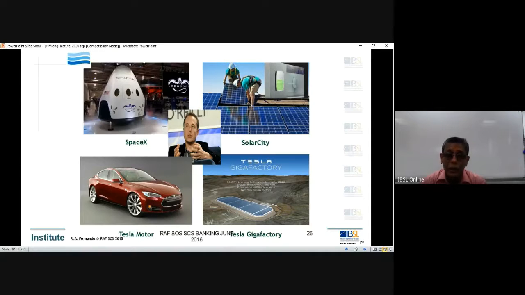I'll ensure you get a car within 2 years. That money I am going to use to establish a gigafactory. That is how he collected the money.